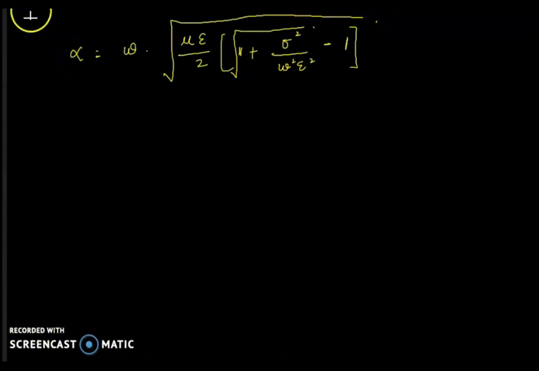This alpha is called attenuation constant, because when an electromagnetic wave propagates through a conducting medium, its amplitude slowly decreases.